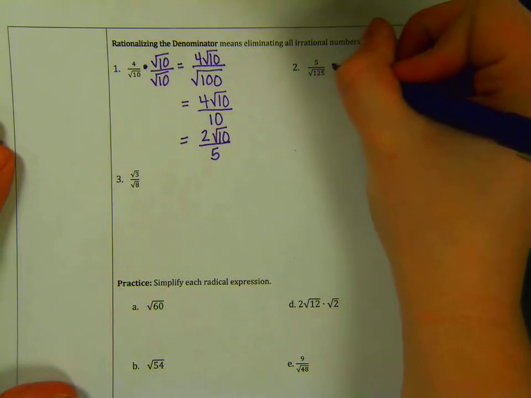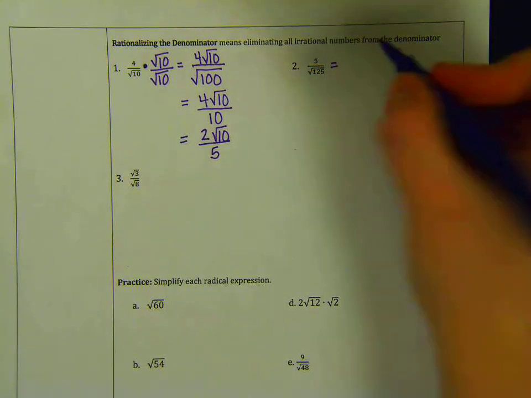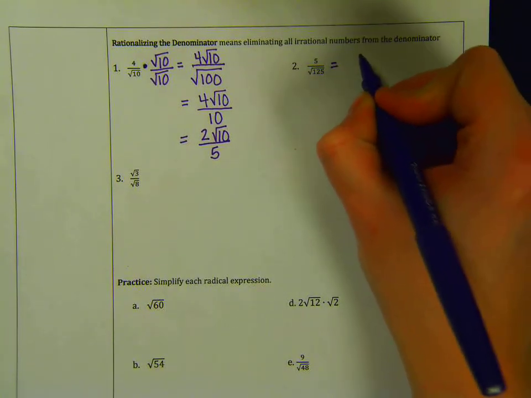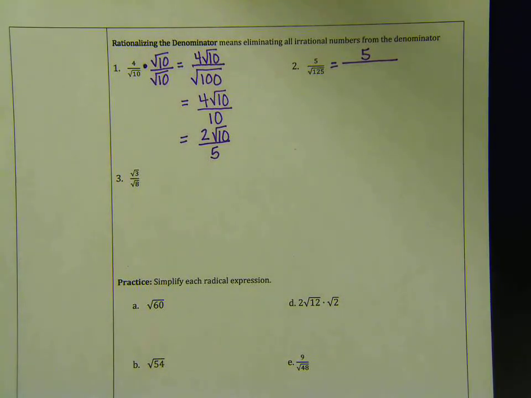So we have 5 over the square root of 125. We're going to have to rationalize the denominator. But before I do that, I'm going to simplify what's under the radical. So we have 5 over, and I'm going to rewrite 125 as factors.